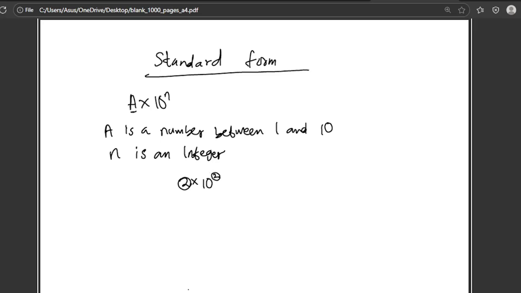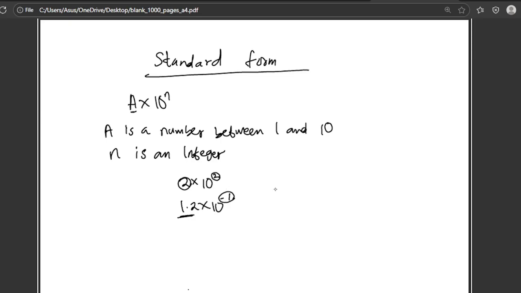So you can also say 1.2 times 10 to the power minus 1 is in standard form. Why? 1.2 is between 1 and 10, right? Also, minus 1 is an integer.